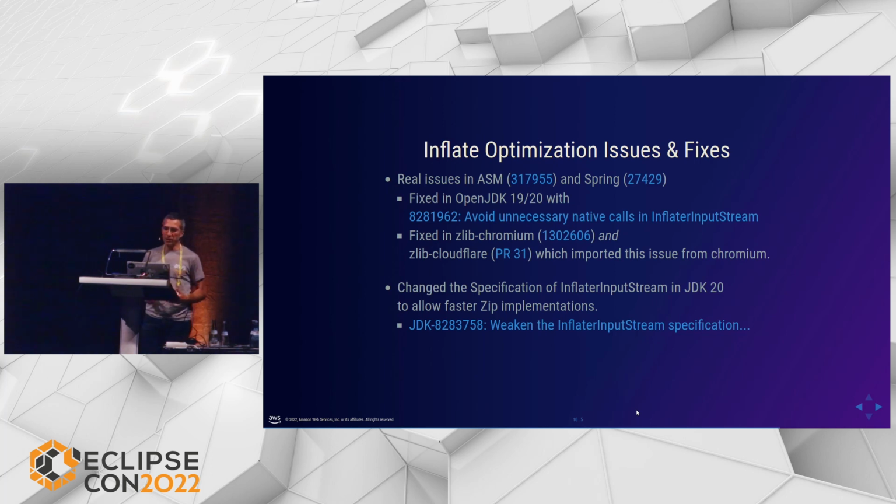But in the end, we could convince Oracle that it makes sense to weaken the specification of InflaterInputStream, and there is a warning now in the API which says that InflaterInputStream can scribble the bytes beyond the last inflated byte, and that's in contrast to the base class, which doesn't allow that. I also have an article about that on GitHub.